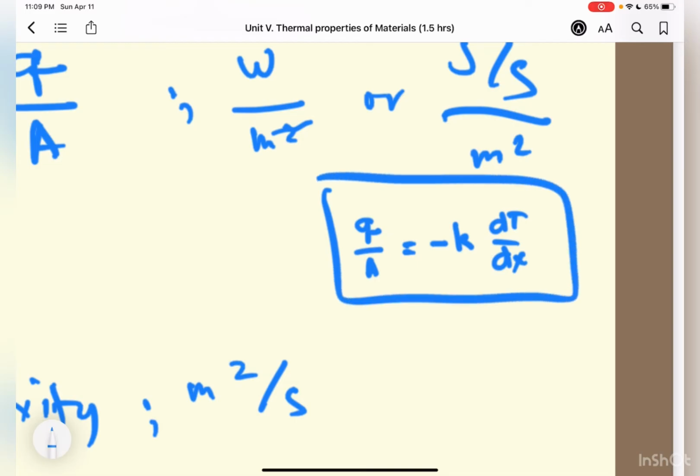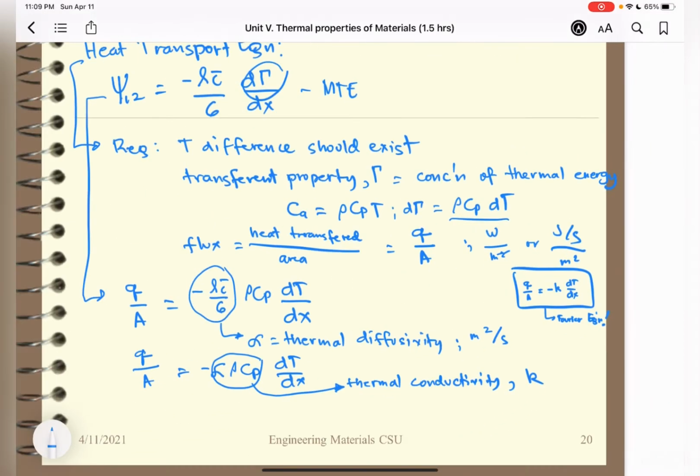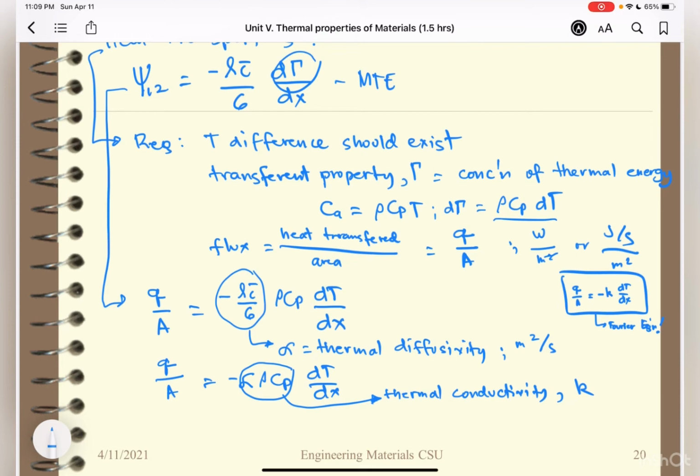This is your Fourier equation. So you now have an understanding of how the Fourier equation was derived.